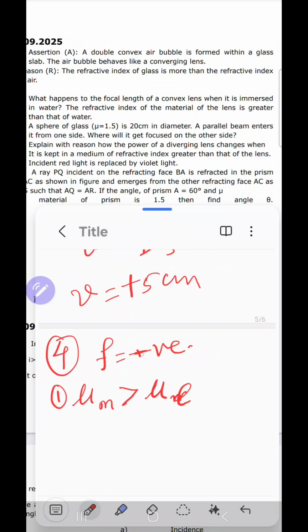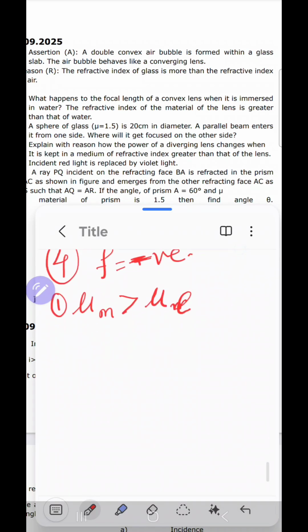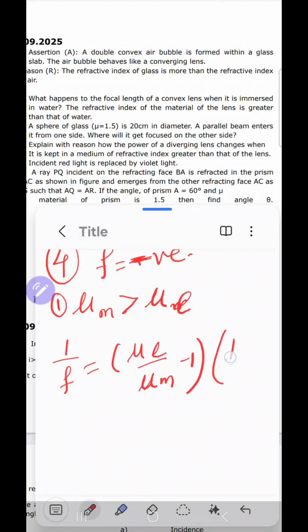So here we have to use the lens maker's formula, 1 over f is equal to mu lens over mu m minus 1, times 1 over r1 minus 1 by r2. So you see here it is given that f is already negative because it is a diverging lens.